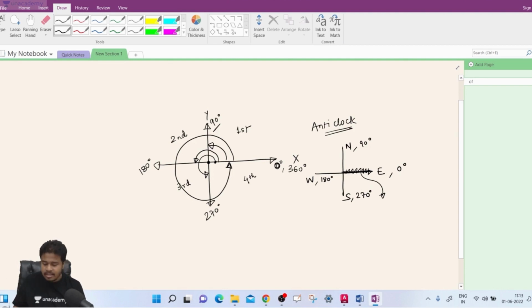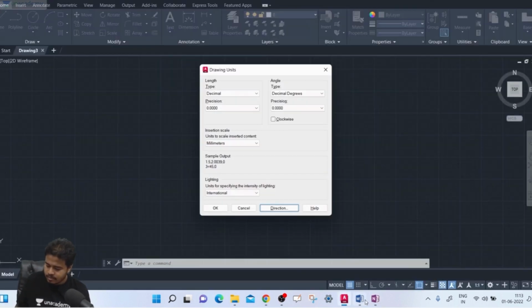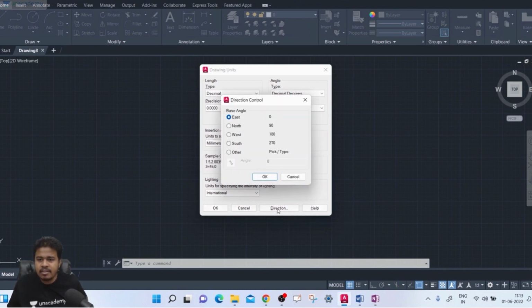Okay. So that's why in the direction, if you just left click onto the direction, you will see the base angle, or you can say the baseline, I am going to take is east, that is 0 degree. So obviously I will take this as my base angle always, because we have done this since our childhood.